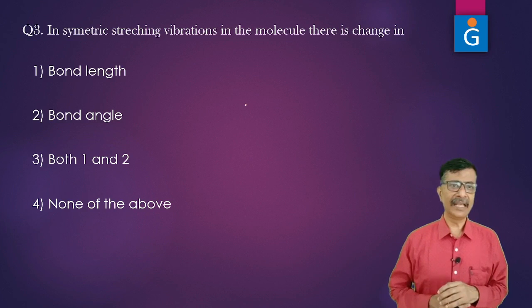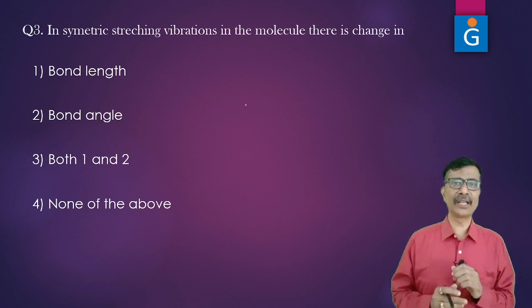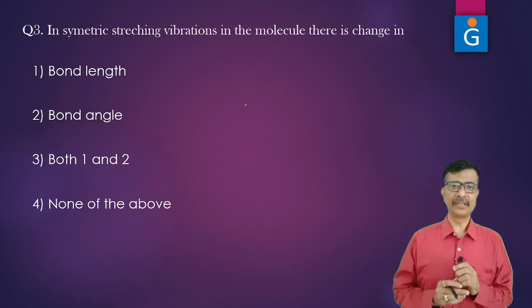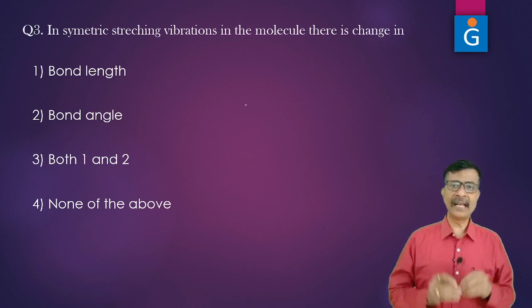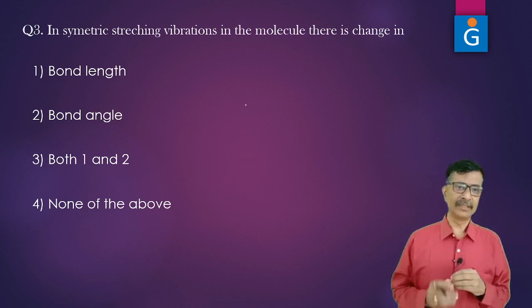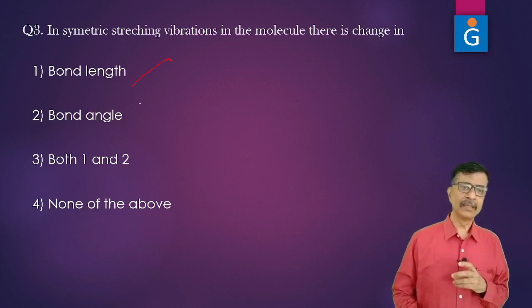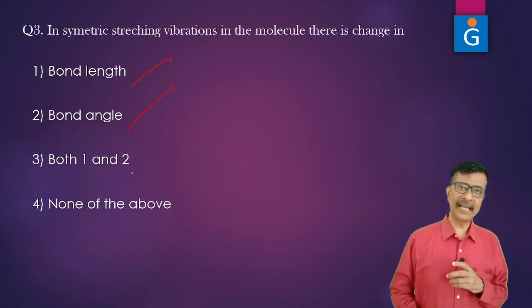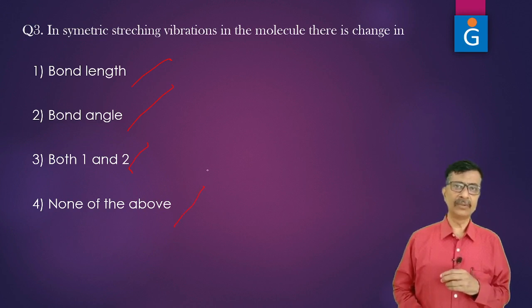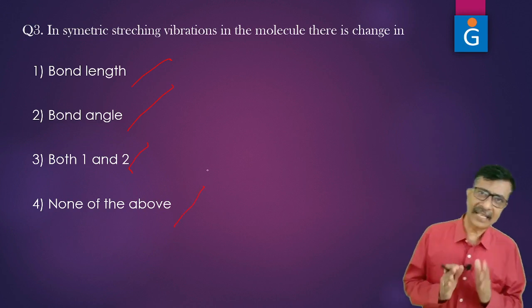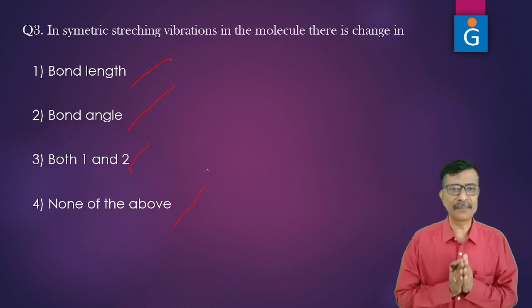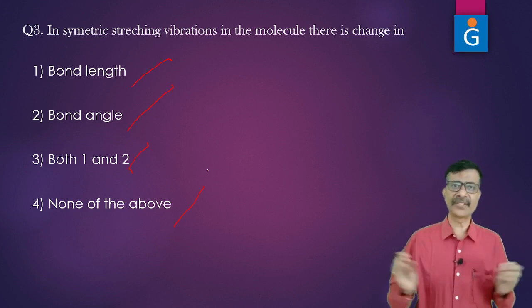Next one, in symmetric stretching vibrations in the molecule, there is change in bond length, bond angle, both bond length as well as bond angle, or none of the above. Now we know that IR spectroscopy is based upon molecular vibrations.